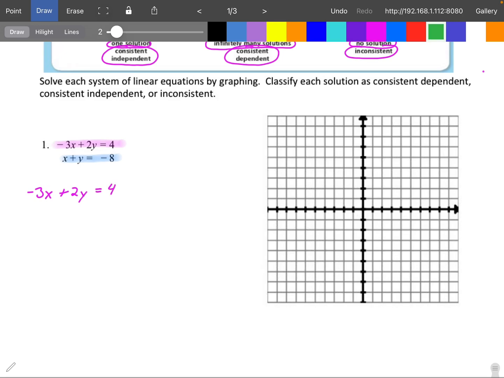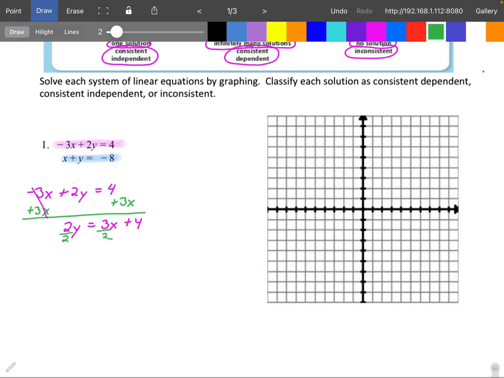And if I want to get y by itself, I know the first thing I have to do is move my x. Since that's a negative 3x, I'm going to add 3x to get rid of it. Same thing over here. And then when I do that, the 3x's cancel. I'm left with 2y equals, I'm going to put my x term first, so positive 3x, followed by a positive 4.